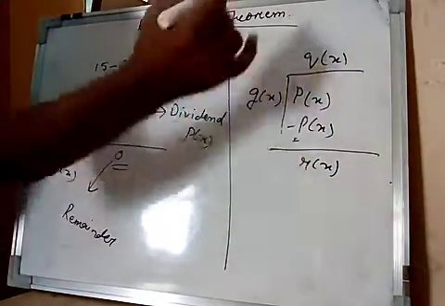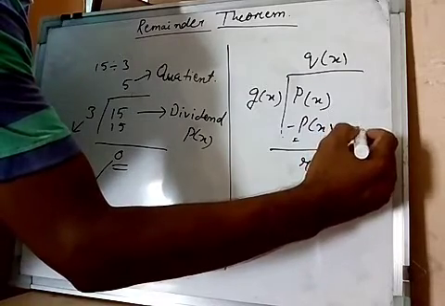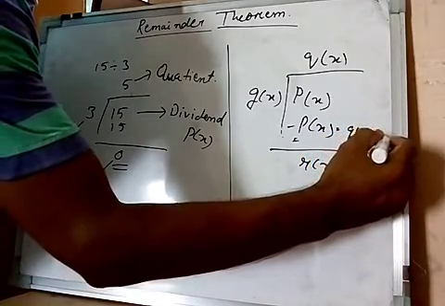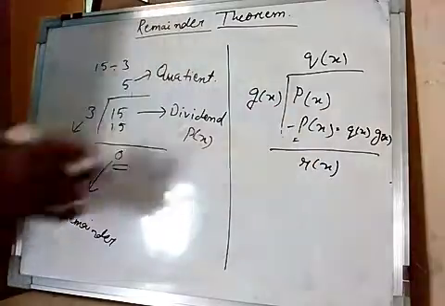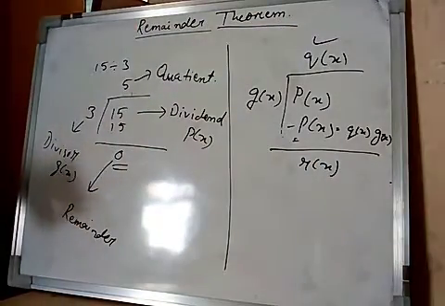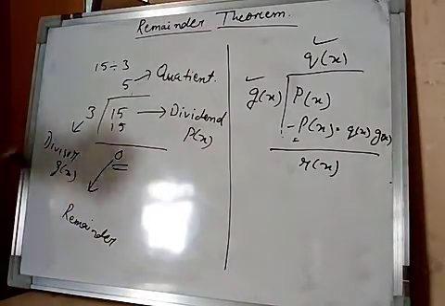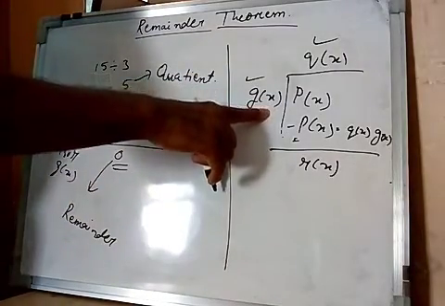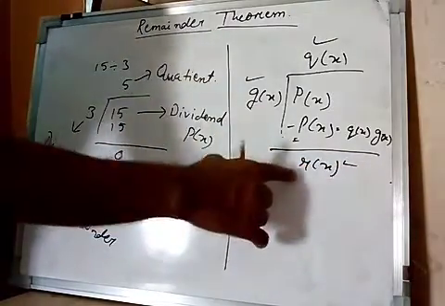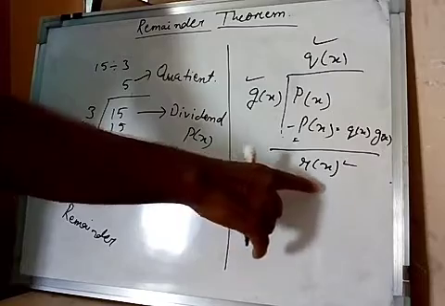So p(x) equals q(x) multiplied by g(x). So here the quotient is q(x), the divisor is g(x), polynomial g in x, and the remainder is r(x), that means polynomial r in x.